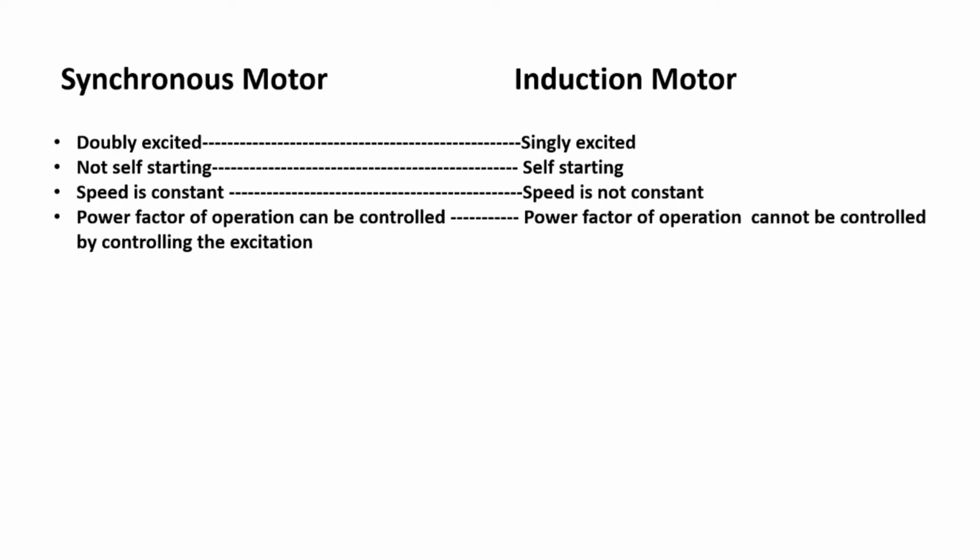But in the case of induction motor, the power factor of operation depends on the load and machine parameters, that is resistors and inductors. It is always operated at lagging power factor of operation. And fifth point is the construction of synchronous motor is complex compared to induction motor.